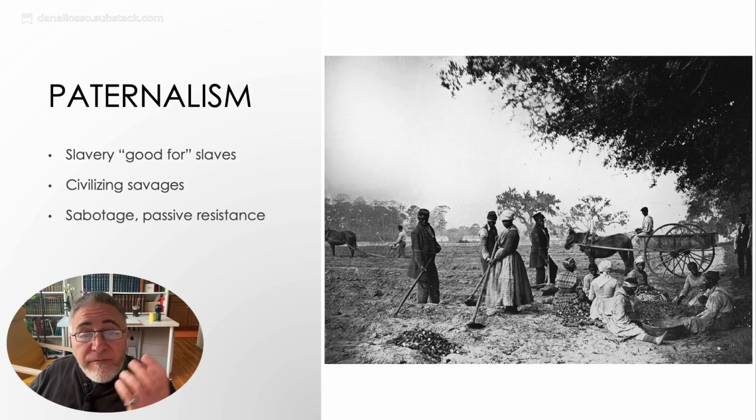Some even suggested that their slaves were better off in the South than they had been as savage and heathen free people in Africa. These rationalizations, of course, ignored the realities of slavery, which was dehumanizing, traumatizing, and horrifying for most of the people who experienced it.